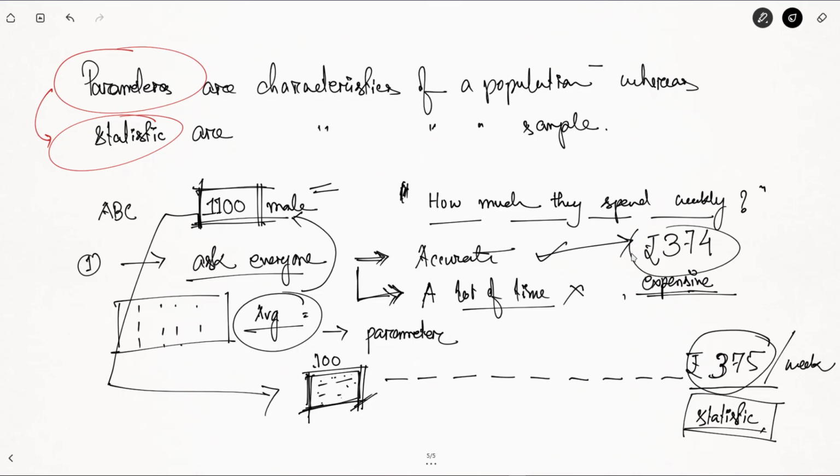And that's why in most studies, in situations when studying the entire population is not possible, we always study a small sample and draw conclusions about the entire population on the basis of this small sample.